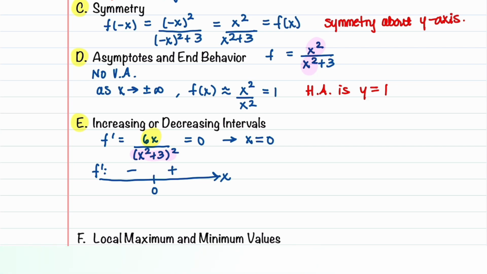This tells us that our function is decreasing in this region and increasing in this region. We can say then that it is decreasing on the interval from minus infinity to 0, and it's increasing on the interval from 0 to infinity.